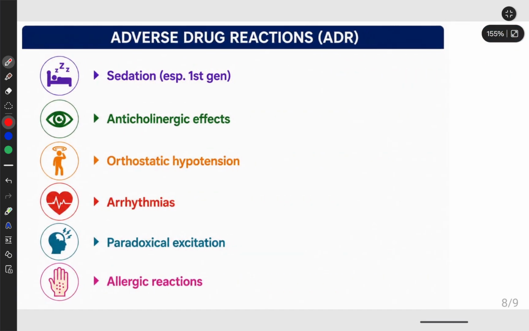What are the common adverse drug reactions associated with the antihistaminic drugs?